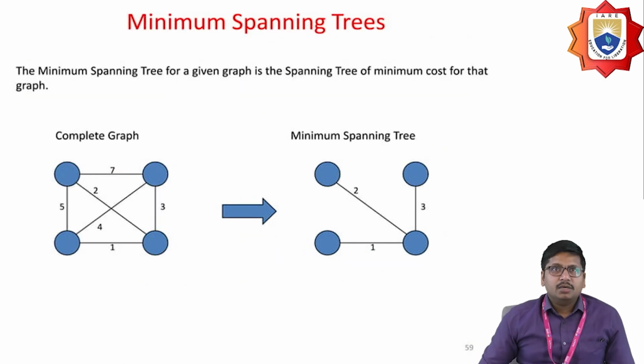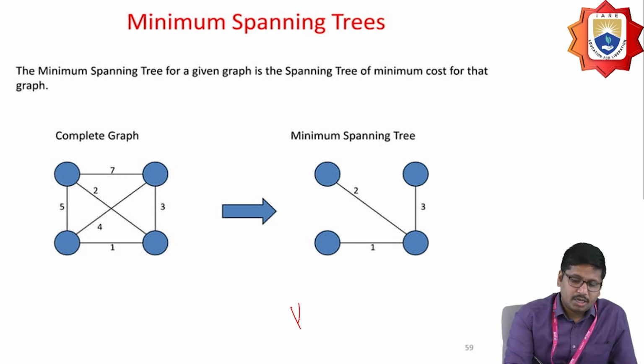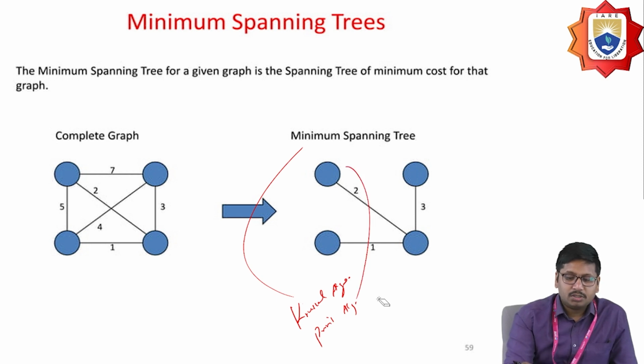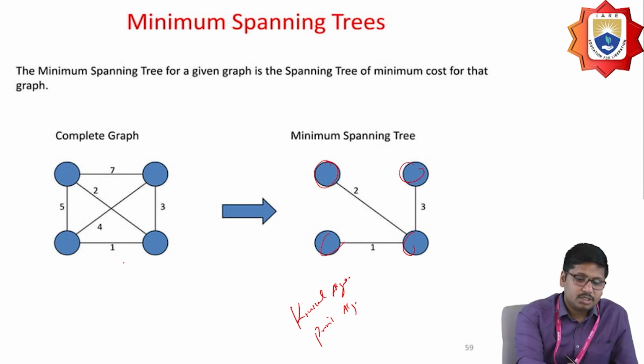So next one, how we are going to construct a spanning tree from the given graph. For that we have different types of algorithms like Kruskal's algorithm and then Prim's algorithm. So these two algorithms are going to be used to find the spanning trees here. So how the Kruskal's algorithm is going to be constructed means, first of all you have to draw the vertices, and then find the new lowest weight, that should be one.